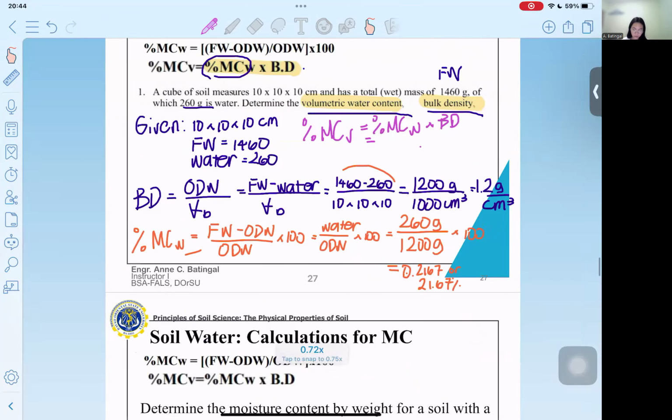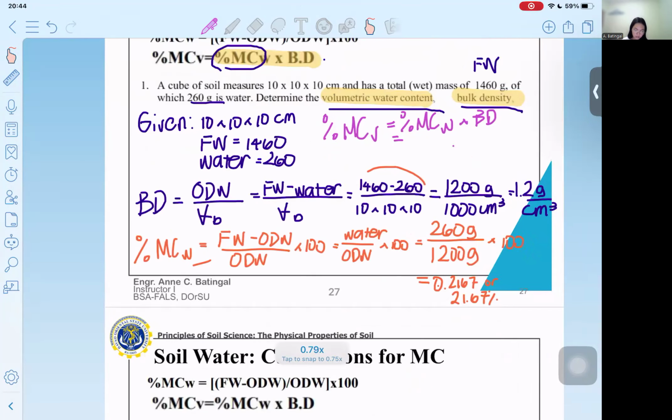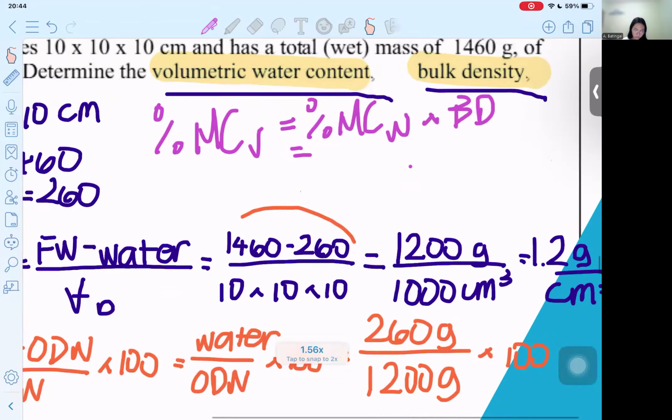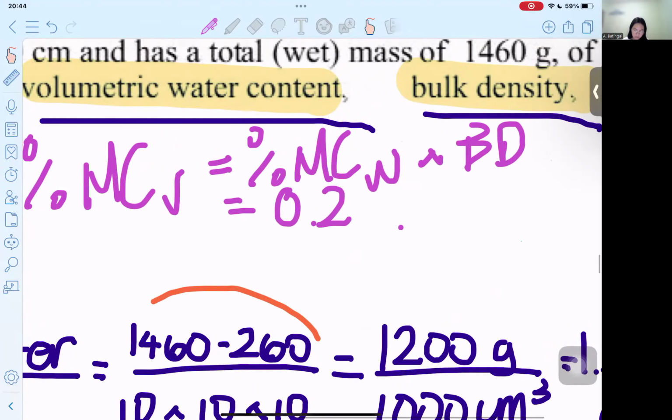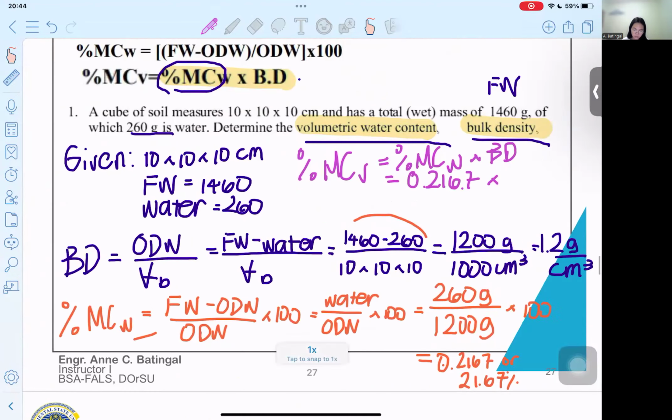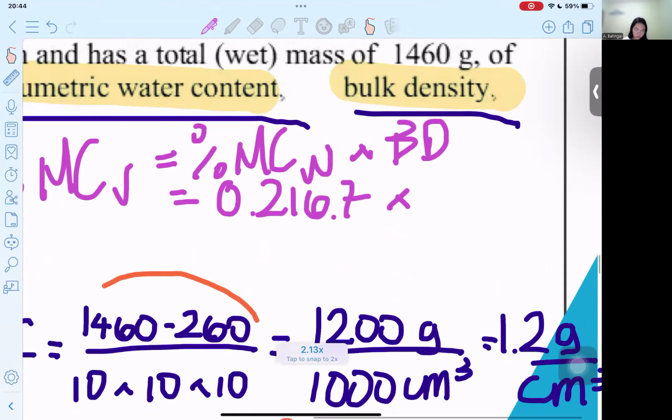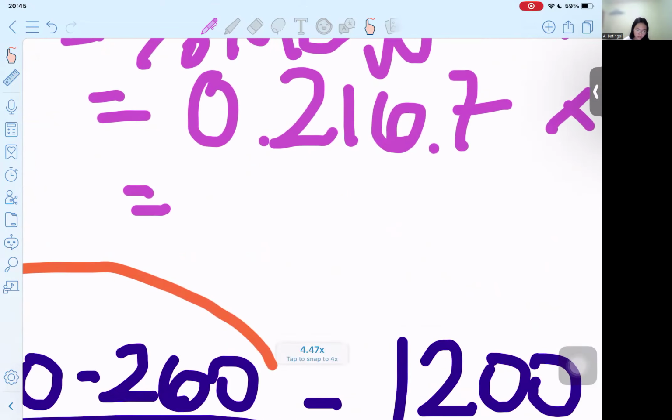So, that is your 0.2167 times your bulk density nga 1.2 na solve kanina. So, is equal to 0.2167 times bulk density 1.2, 0.26.